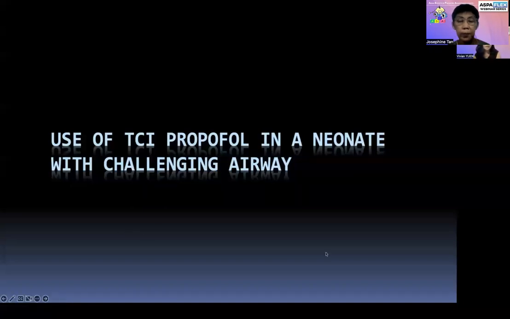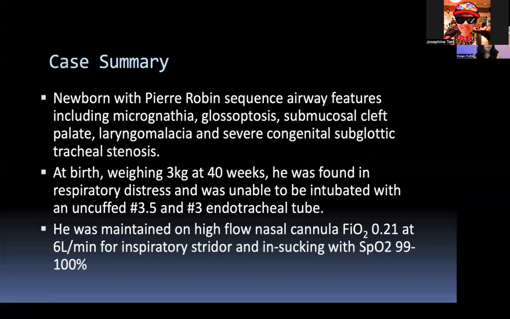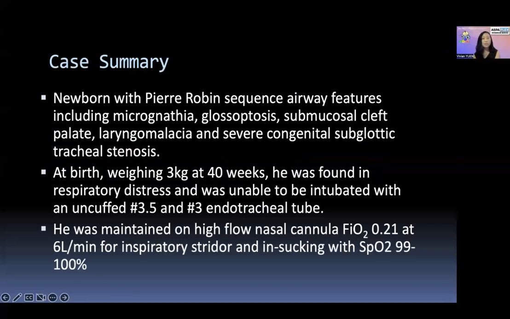Good day again. In this case-based discussion, we are going to go through a neonate with a difficult airway. This is a newborn with Pierre Robin sequence airway features, including micrognathia, glossoptosis, submucosal cleft palate, laryngomalacia, and severe congenital subglottic stenosis. At birth, weighing 3 kg at 40 weeks, he was found in respiratory distress, and it was not possible to intubate the neonate with a 3.5 or size 3 endotracheal tube.